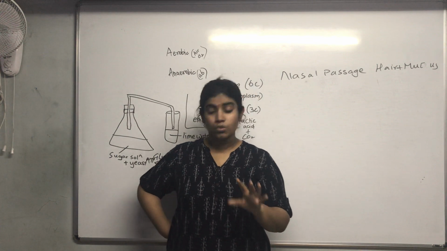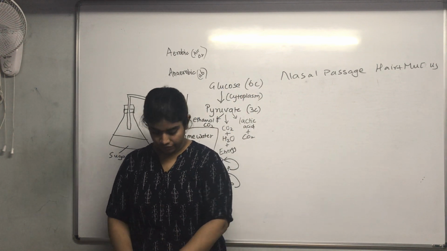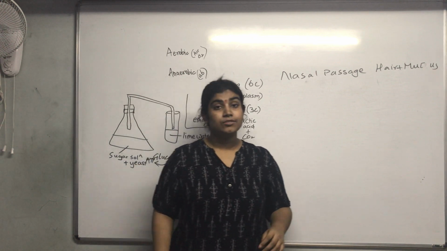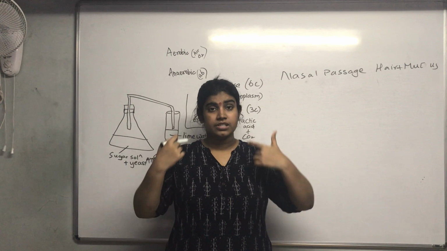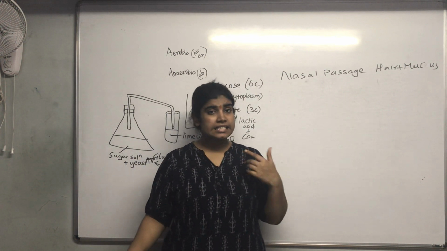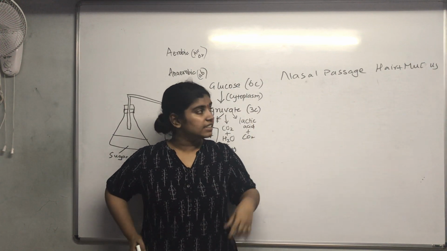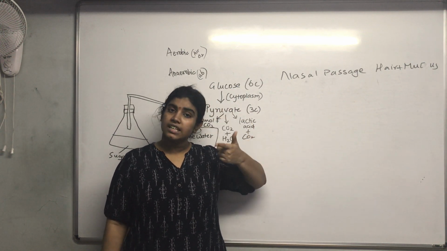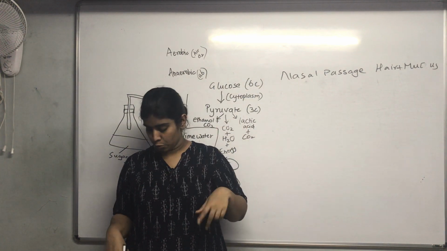I request you all to open your books to page number 104, so that you get a clear understanding of how the respiratory system works. The nasal passage is quite big, and it contains all the air we take in during respiration through our nose.